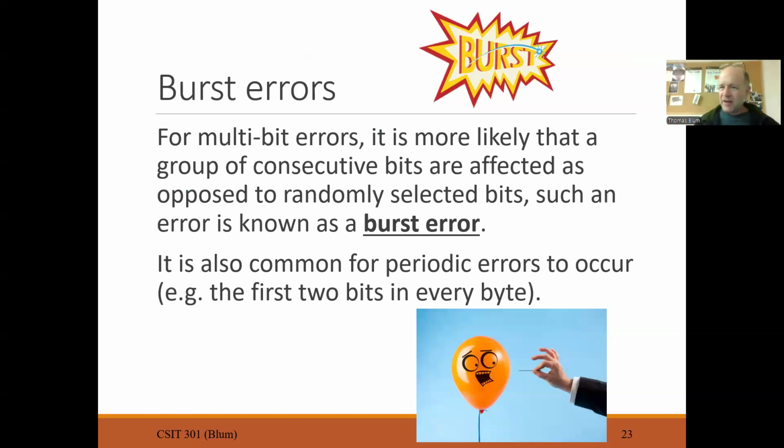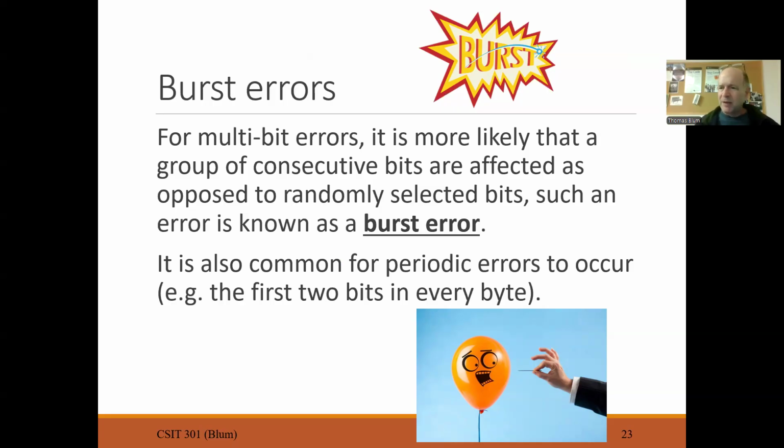Now we said that if the problem was a random error, we're catching it most of the time, but not all errors are random. If the bits that get flipped are not completely random but have some kind of pattern, then we talk about there being a burst error.